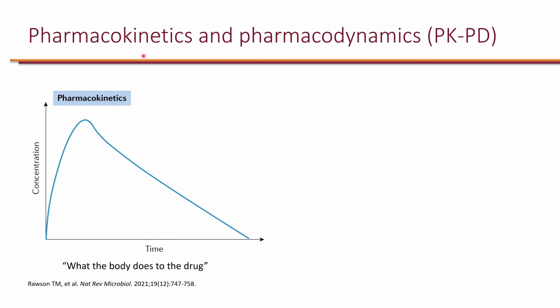Now here's PK/PD. Pharmacokinetics in general means what the body does to the drug. So you can think of it as, once you start giving the drug, the concentration keeps going up. And then once you stop giving the drug, whether it was oral absorption, or if you were giving it intravenously, this is when you stop the infusion, then you have a drop in the concentration, as the body starts eliminating the drug.